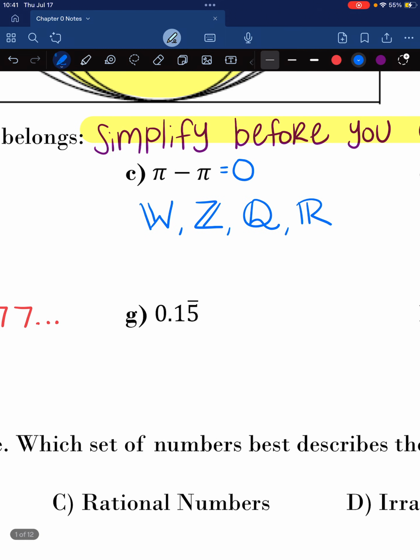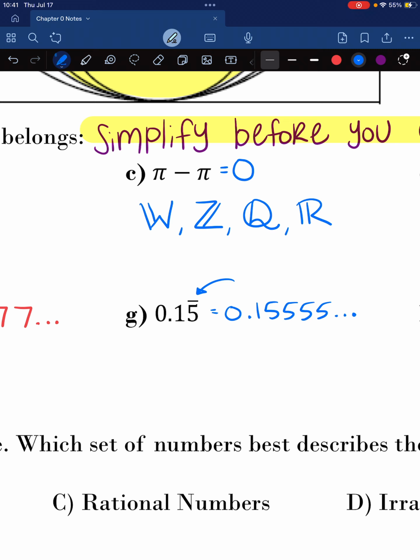I can see that little bar there means that the 5 repeats. So this is going to be 0.15555, which I might not know what that is, but I guarantee it could be rewritten as a fraction. So since it could be rewritten as a fraction, that is a rational and a real.